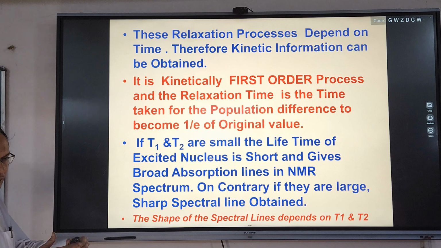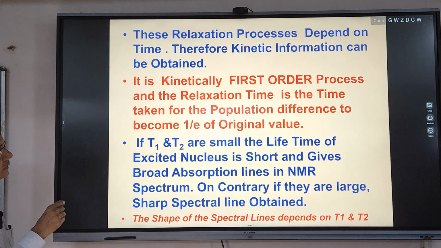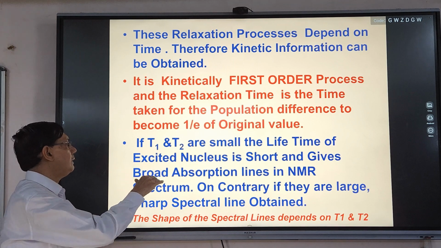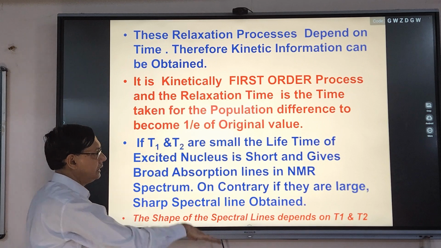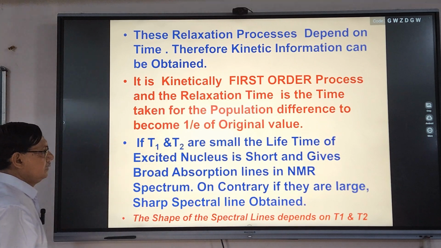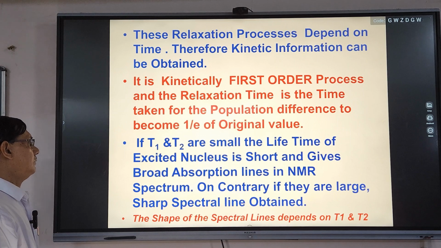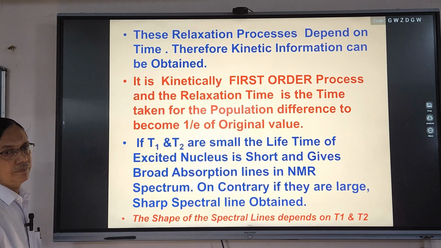I will explain the Heisenberg uncertainty principle, but before that you must know that if the values of T1 and T2 are small, the lifetime of the excited nucleus is short. That is, they immediately return to their original states. Therefore, there are broad absorption lines in the NMR spectrum.